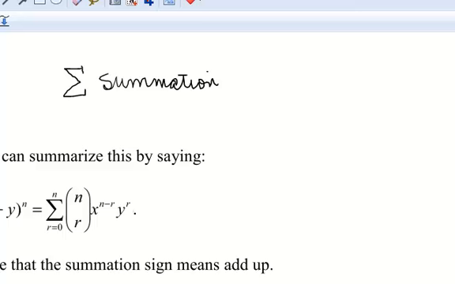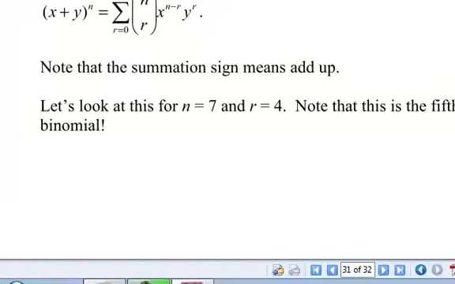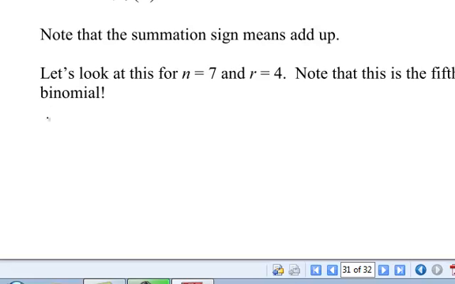So let's look at this now and write it all the way out for n equals 7 and r equals 4. So this would be (x + y)^7 is what I'm doing.